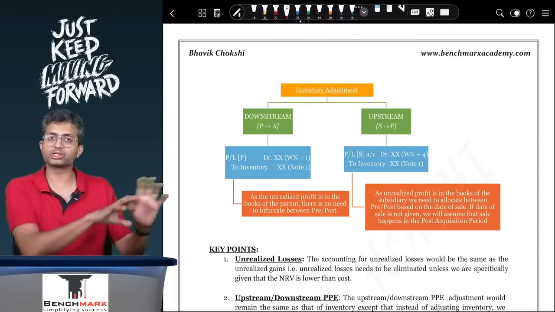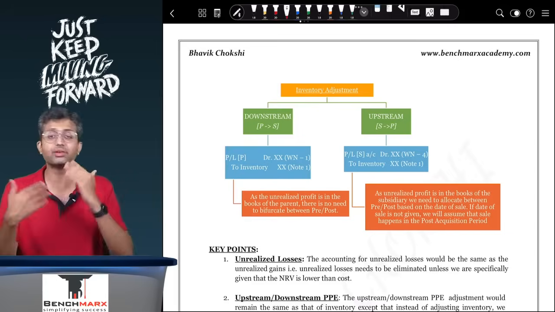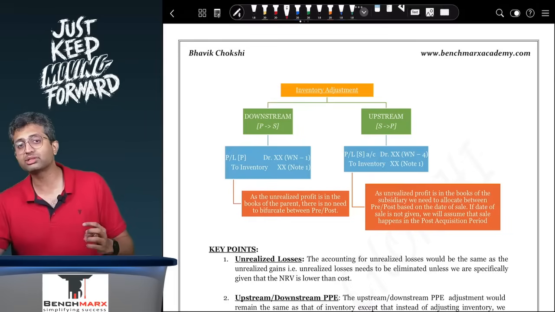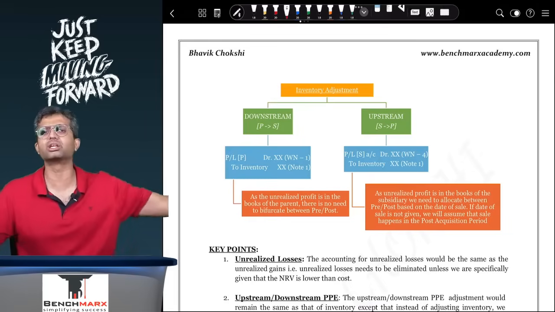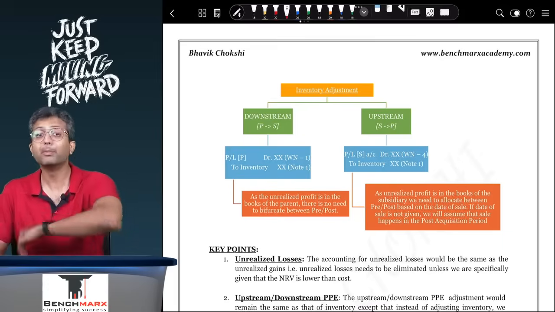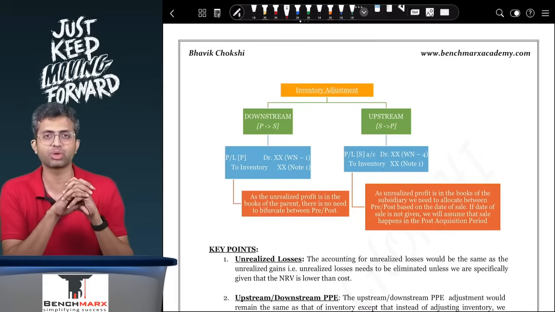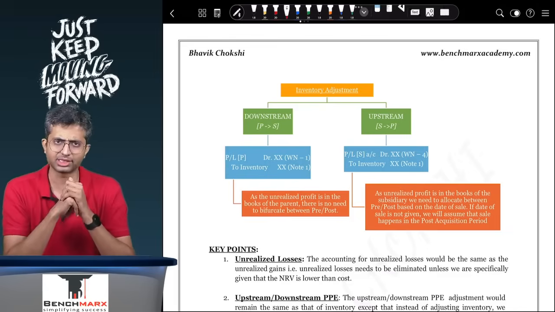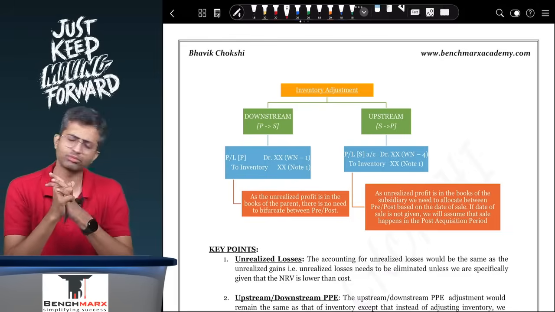This was downstream. On the other hand, if it was upstream, that is subsidiary selling to the parent, then the profit of 20 is sitting inside the books of the subsidiary, and 120 inventory sitting inside the books of the parent. You will again remove the inventory, let us say by 20, but the second effect will go to the subsidiary's profit and loss account. And subsidiary's profit and loss, remember, belongs to both the parent and NCI. Will NCI also have to get a share?